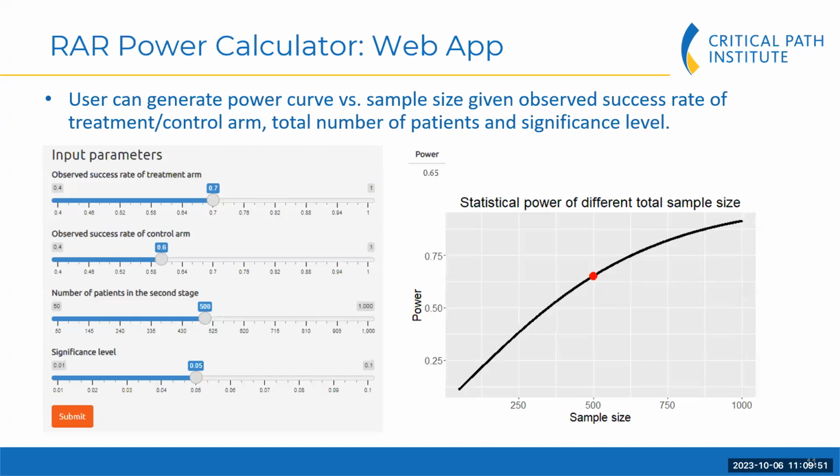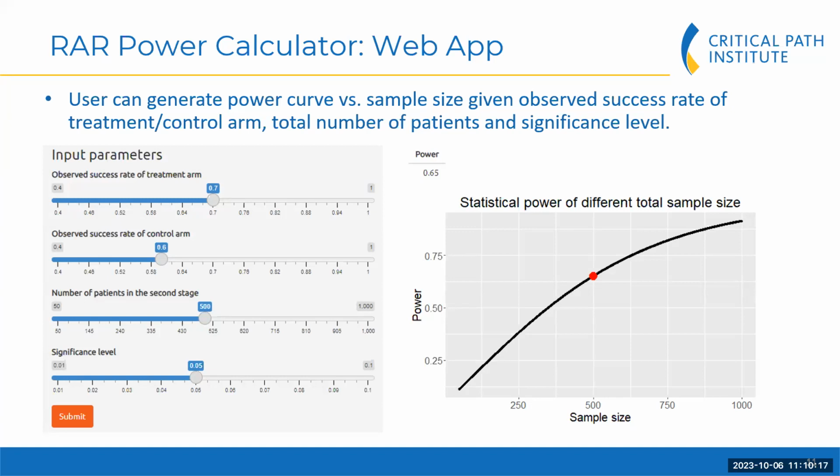Yeah, great. So this is one of the web apps we developed for RAR. It contains two functions, power calculator and sample size calculator. This slide shows how power calculator works. Users can calculate the statistical power by choosing observed success rate of treatment or control arm, a total number of patients, and significance level.